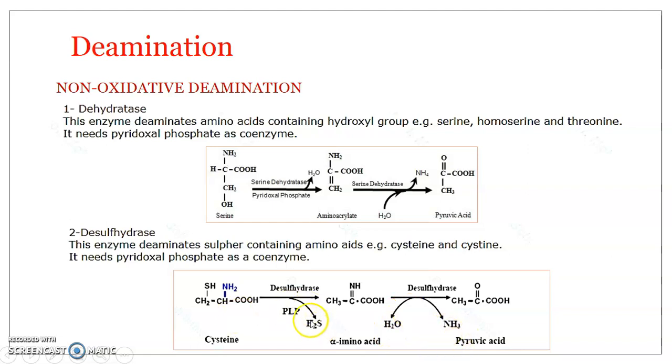Okay, the first step, removal of H2S, results in the formation of an alpha amino acid from the cysteine. Okay, and the hydrolytic deamination will result in the formation of pyruvic acid. Okay, again the desulfhydrases also require pyridoxal phosphate as the coenzyme. Okay, I hope it is clear.